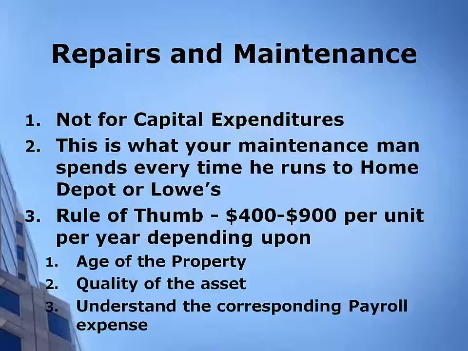And that's part of the problem with these older C-class properties. The expenses on them can get out of hand very quickly. If you've got a lot of repairs and maintenance that you have to do, you're going to have a lot of expenses in that category, but you're also going to have a lot of expenses in the payroll category as well. So when you see a large repair and maintenance number, you had better see a large payroll expense as well, because somebody is spending that money, and they better be on the payroll.